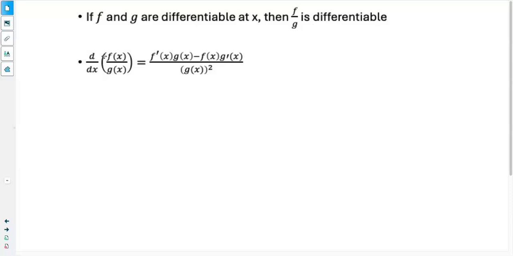And the derivative of it is equal to the derivative of our numerator times our denominator minus our numerator times the derivative of the denominator, all divided by our denominator squared.